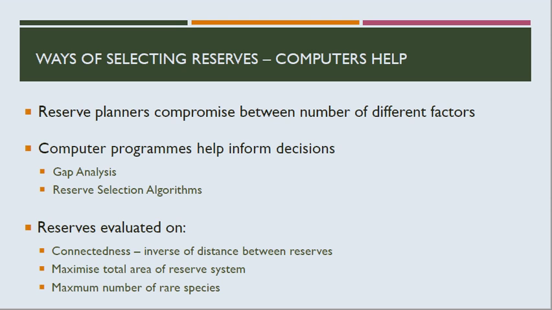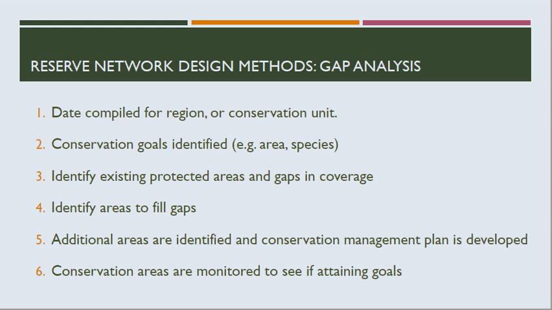Identify existing protected areas and whether species or habitats exist within those protected areas, and identify whether there are any species or habitats which are underrepresented in the existing protected areas. And then identify areas which could be added to the protected area network to fill those gaps.